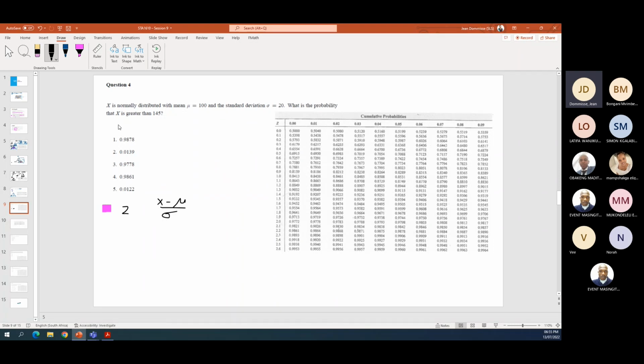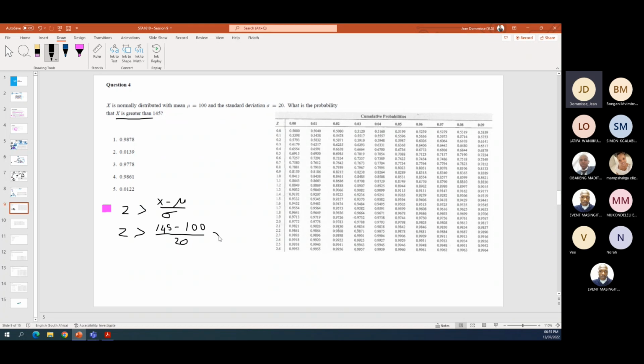What is the probability that X is greater than 145? So we will need to work out when it is greater than. 145 minus the mean, which is 100, divided by 20.